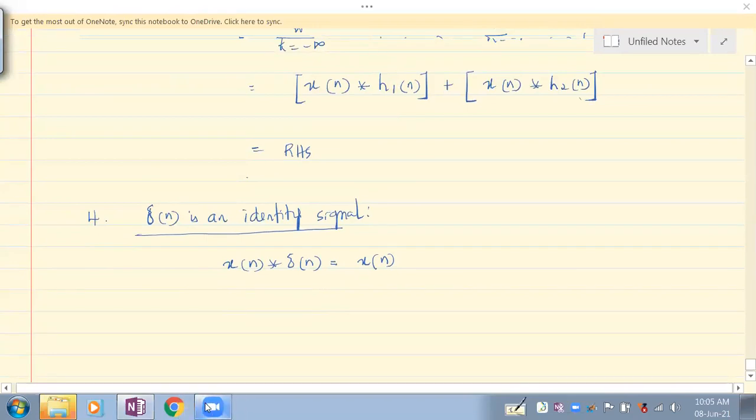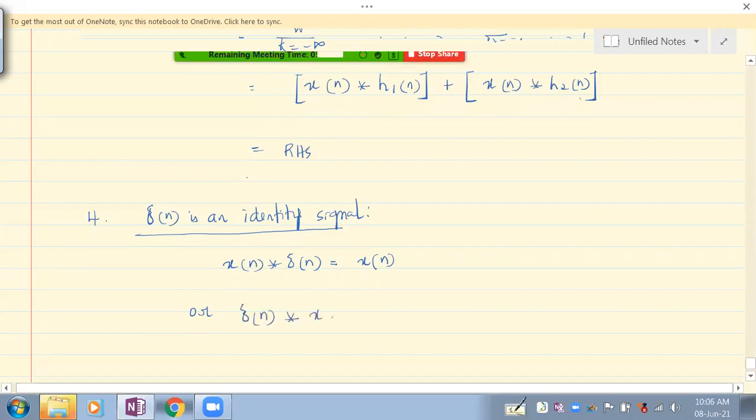Or we can also write, since convolution sum is commutative, delta of n convolution x of n also. In that case also it is x of n. Understand?